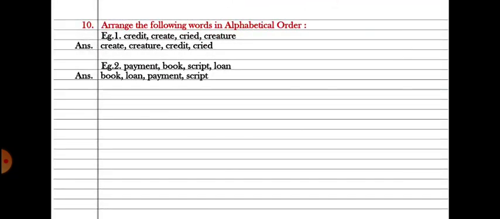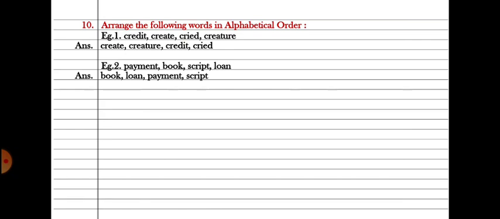Question number 10. Arrange the following words in alphabetical order. Example 1. Credit, create, cried, creature. The correct order of the words once I place them alphabetically are create, creature, credit, cried.